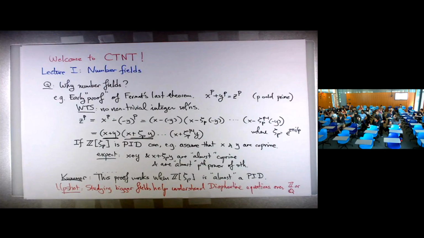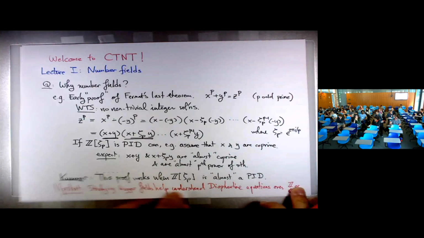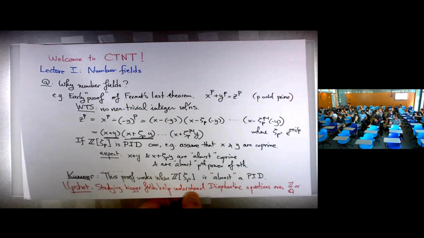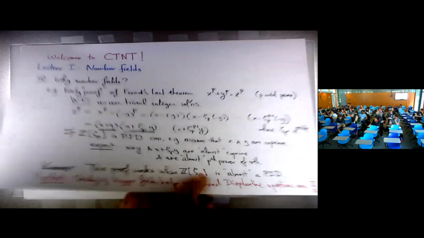So even if the original equation, like this one, x^p + y^p = z^p, is written asking about integer solutions or rational solutions, the solution sometimes involves understanding this in a bigger field. And it really helps if you go to a bigger field. So that's why we want to talk about number fields.